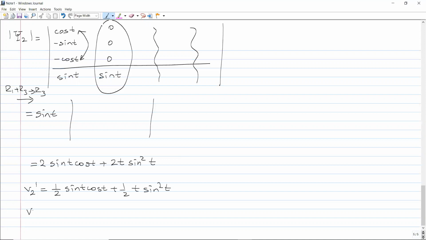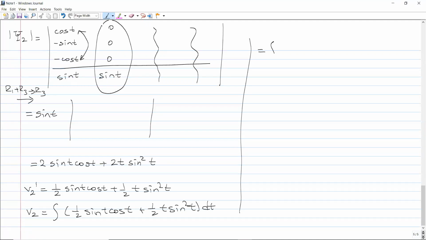And now to integrate, the first one, sine t cosine t, you write as 1/2 sine 2t. And the second one, you write sine squared as (1 minus cosine 2t) over 2.